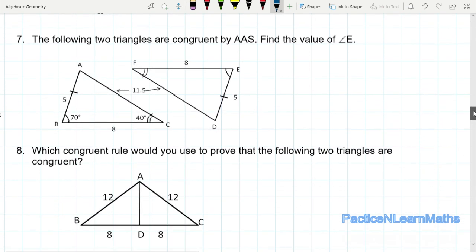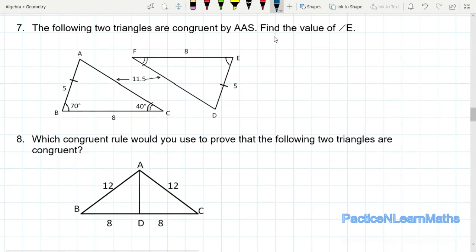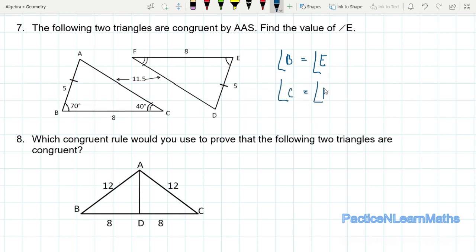Question number 7. The following two triangles are congruent by AAS. Find the value of angle E. Now it's clearly given that angle B is congruent to angle E, angle C is congruent to angle F, and AB is equal to DE.